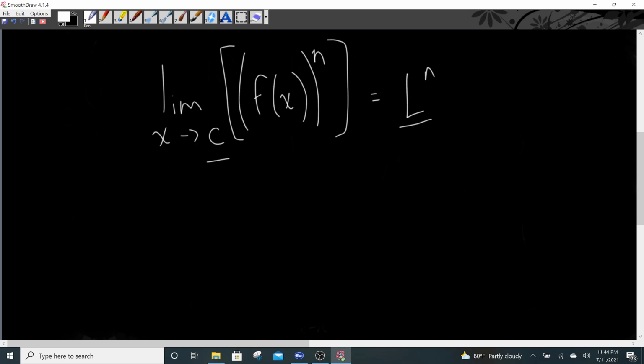That also seems pretty intuitive, but it is something that you might need to understand a little bit more in depth. But yes, that is a very important limit rule.